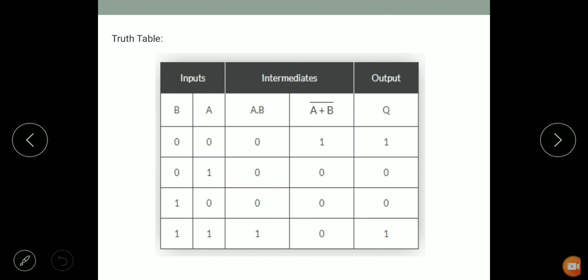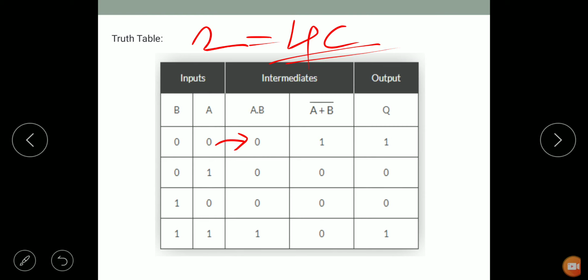Now similarly we will prepare the truth table for that. 0 0, then 0 1, 4 combinations because there are 2 inputs. So 0 0, 0 1, 1 0 and 1 1. Then A dot B: 0 into 0 is 0, 0 into 1 is 0, 1 into 0 is 0, and 1 into 1 is 1.